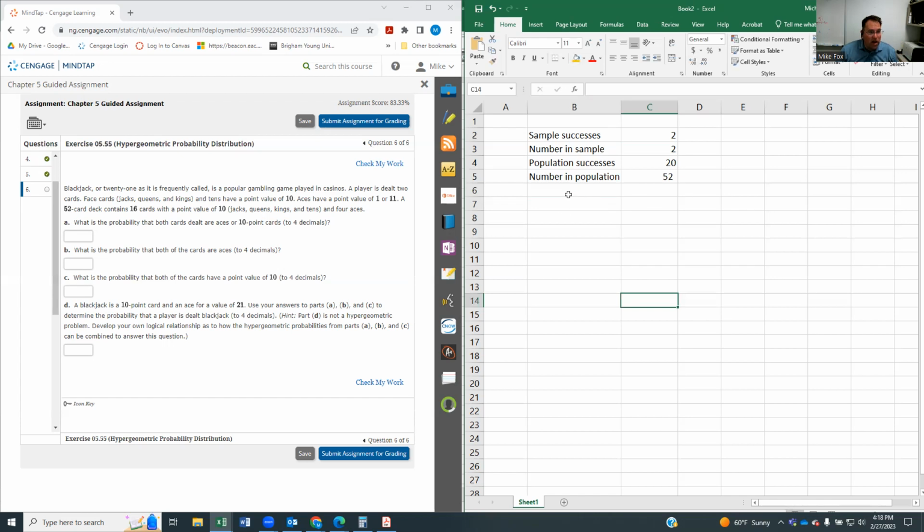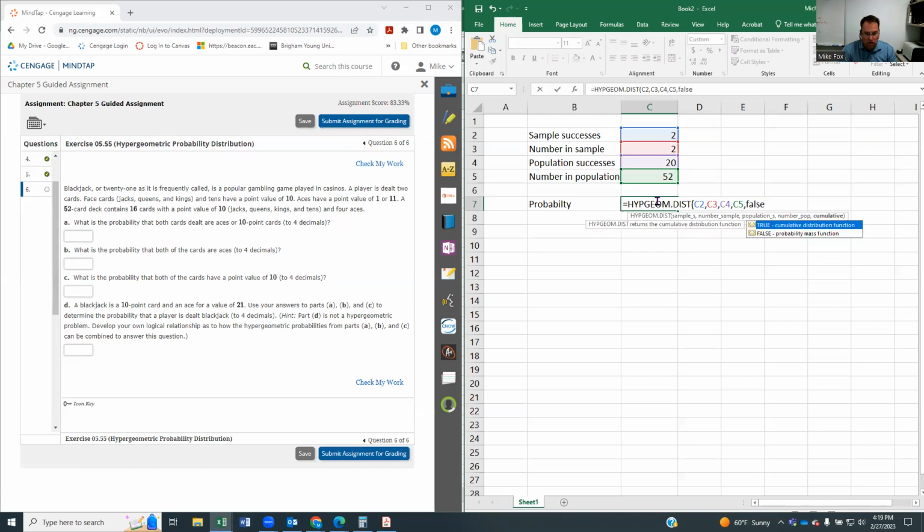All right, so we're ready now. We're going to say probability equals type geom.dist, sample successes, comma, number in the sample, comma, population successes, comma, number in the population, and then we're going to say comma, false.